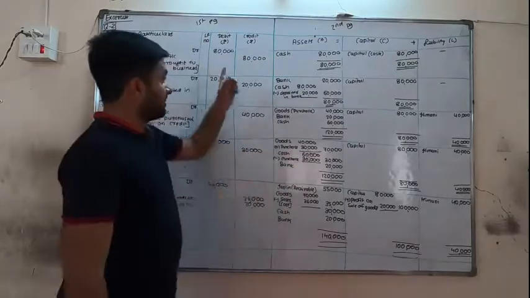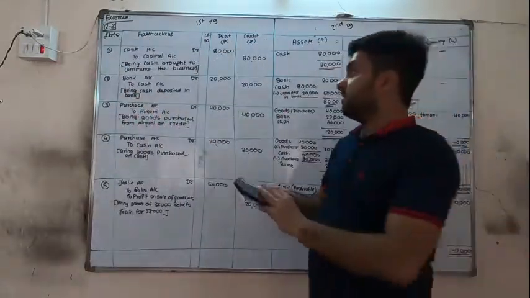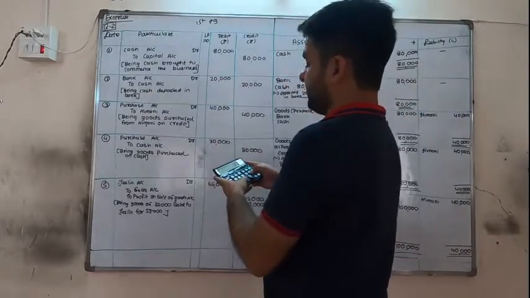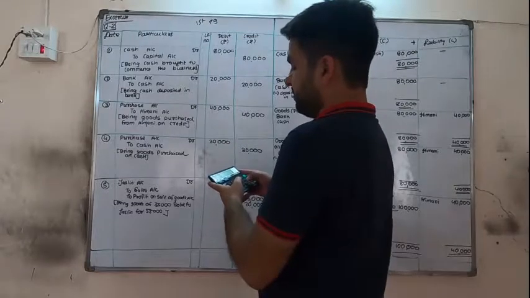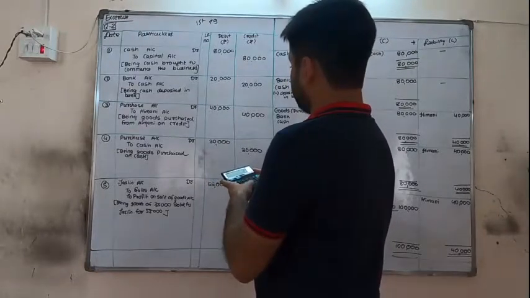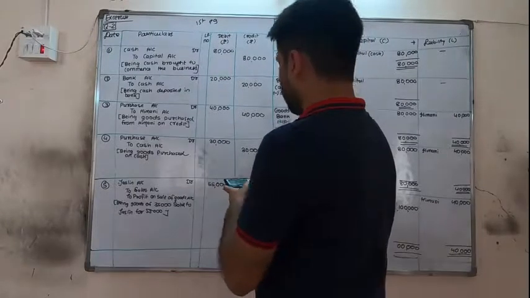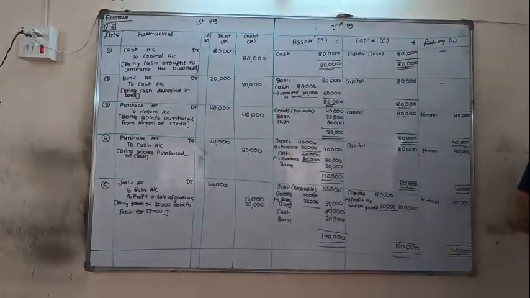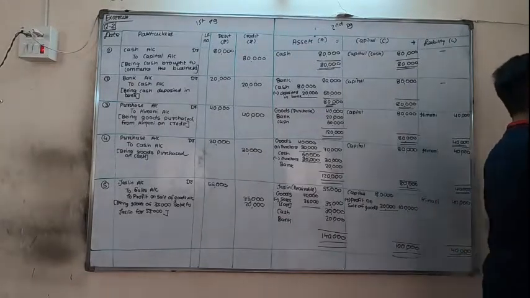Total also we have to remember, so I am writing the total: 80,000, 20,000, 40,000, 30,000, 35,000, 20,000, 2,25,000. So till now the total is 2,25,000, because at last we need the total also.